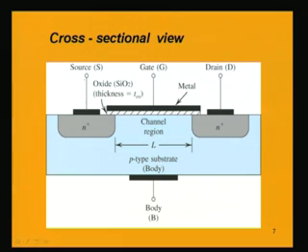So, we have now these 3 important terminals: gate, source and drain. Of course, this body terminal is just optional, that means we generally connect the body terminal to the source, but here we are just showing all the 4 terminals.